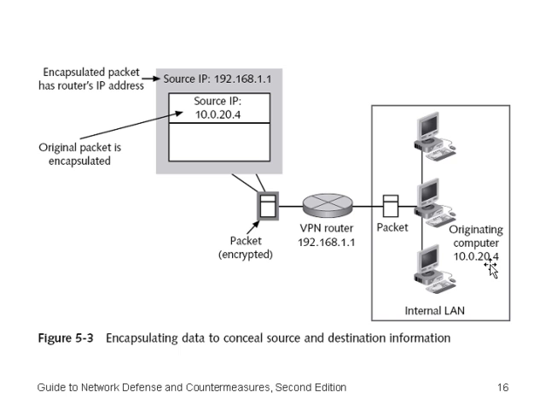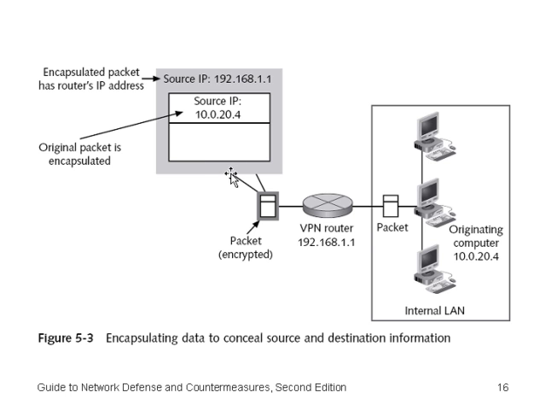We see here that the originating computer has a 10-dot-based IP address, which is one of the reserved private addresses. At some point we can encrypt the data. Recall that this is not necessary for creating a VPN. The data is often encrypted, but not necessarily. But notice that at some point this packet is encapsulated: here's the original packet, and then it's encapsulated within another packet, and notice that the source address has changed.